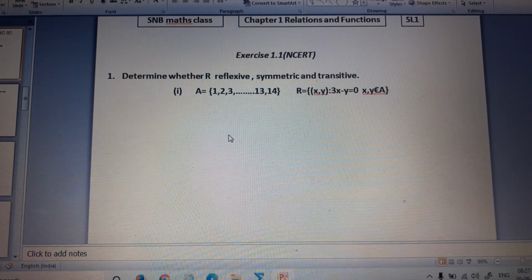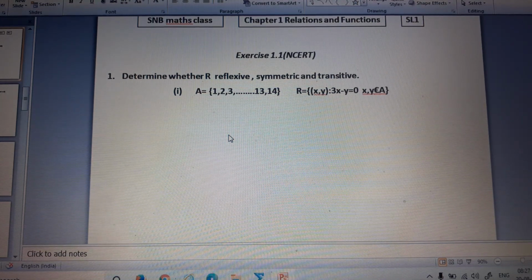Now, in order to develop a deeper level of thinking and acquire skill in solving problems, I am taking all the exercises from 1.1 to the last exercise, and most of the questions I will be discussing here. If questions are similar, such questions will be left for homework. So this is my plan.